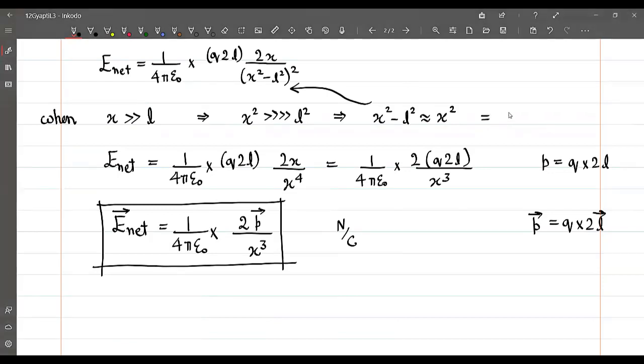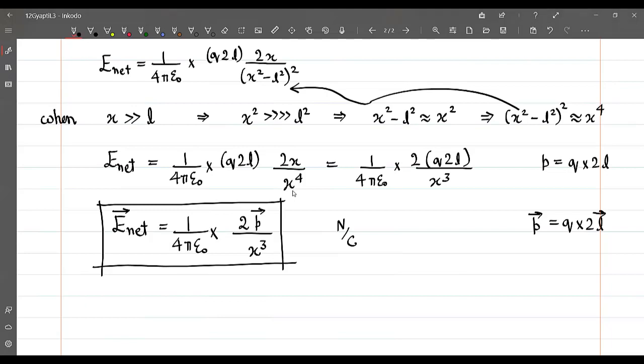So that means x square minus L square whole square will be approximately equal to x to the power 4. So we can put that here. Is that clear now?